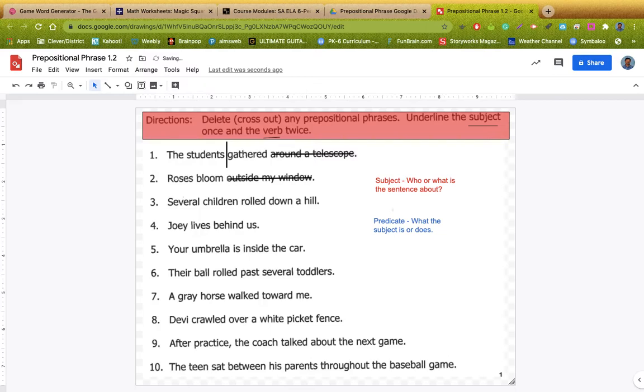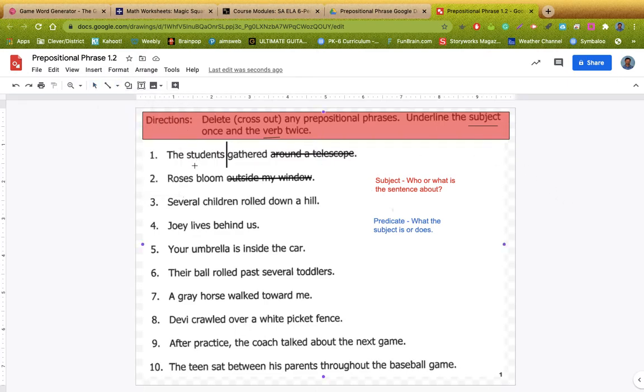Okay, so now guys, look at this. Your second step, remember, is to draw the subject predicate line. You only have 2 words left. Who or what is the sentence about? Remember, the subject is who or what the sentence is about. So if the sentence is roses bloom, who or what is the sentence about? What would you say?